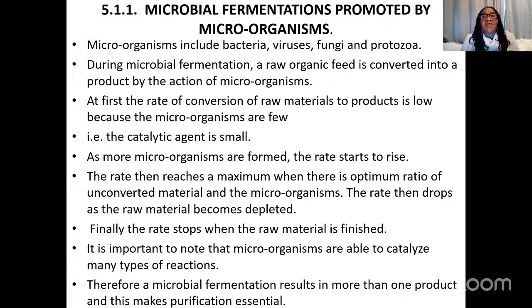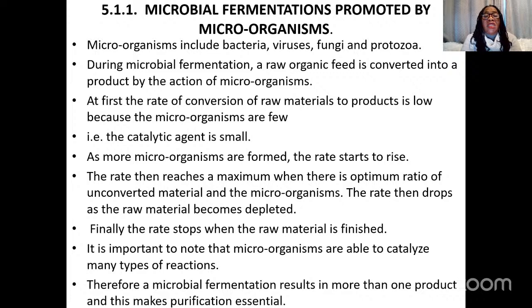During microbial fermentation, a raw organic feed is converted into products by the action of microorganisms. This is done at different stages. At the first stage, the rate of conversion of the raw material to product is low because you have just few microorganisms.